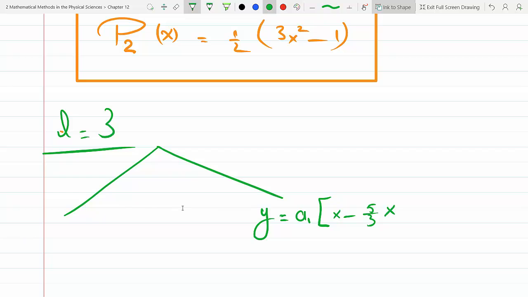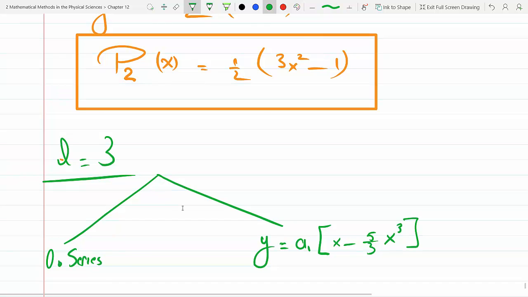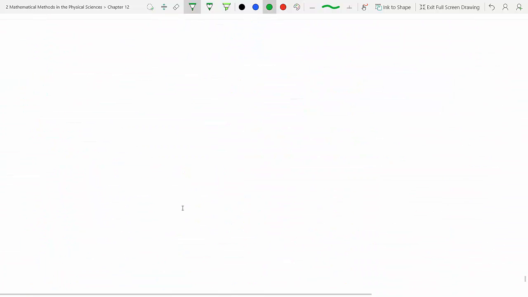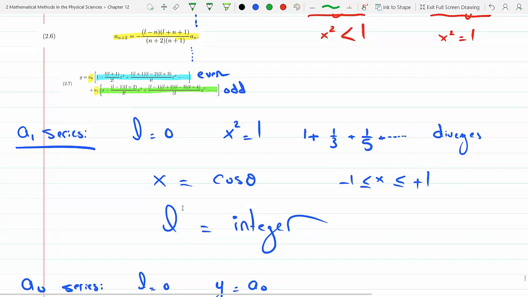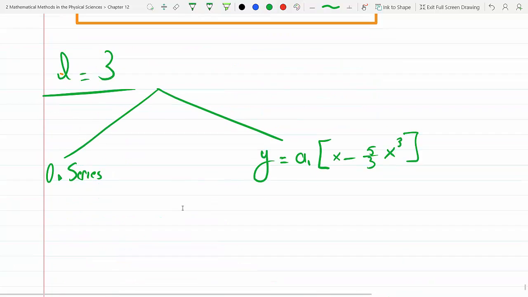And then the rest will be zeros because they all have a factor of L minus 3. Whereas the A0 series, if you look carefully, if L equals 3, the numerator starts getting larger and the A0 series diverges. And you could easily test it.